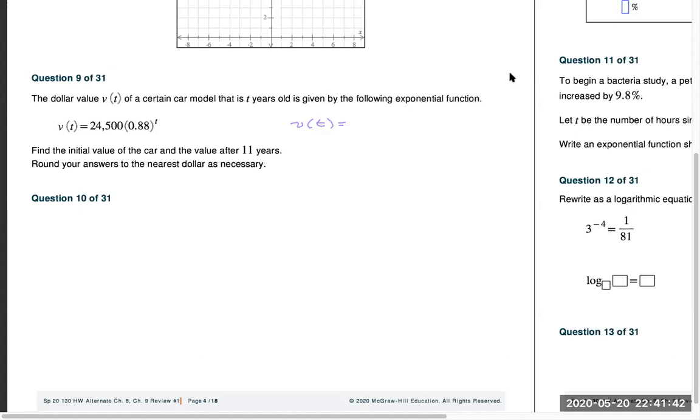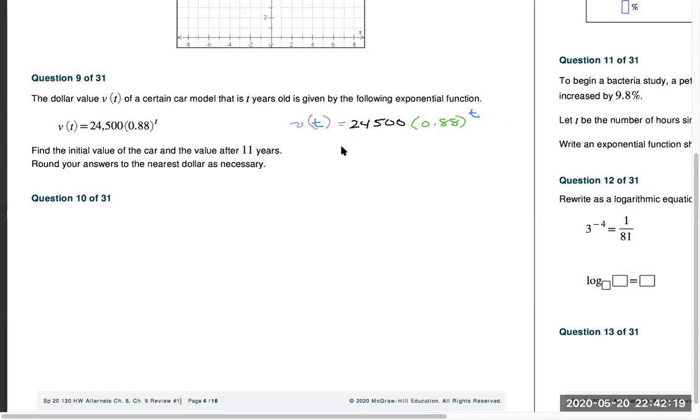And it's equal to 24500 times 0.88 to the t power. Okay, so this is our general function that we have here.